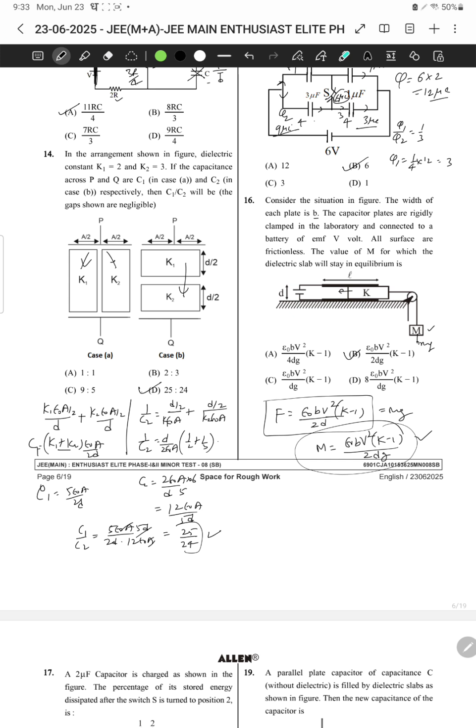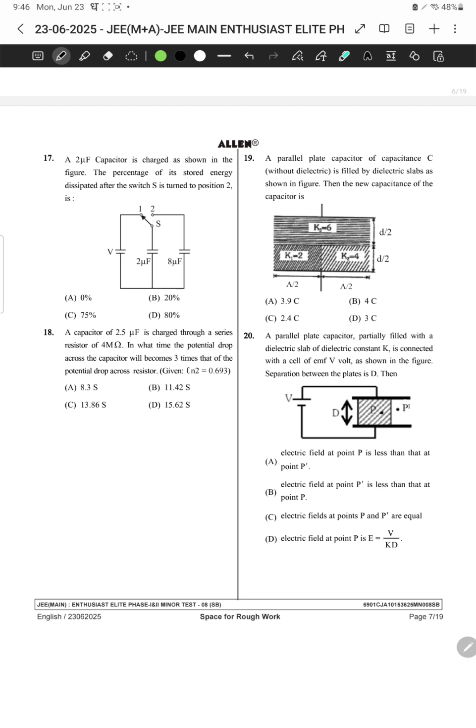Let's move to the next question. Okay, question number 17. A 2 microfarad capacitor is charged as shown in the figure. What is the percentage of its stored energy dissipated after switch S is turned to position 2? So first of all, when it is connected with 1, this capacitor of 2 microfarad will be charged. So the energy in this one will be half 2 v square.